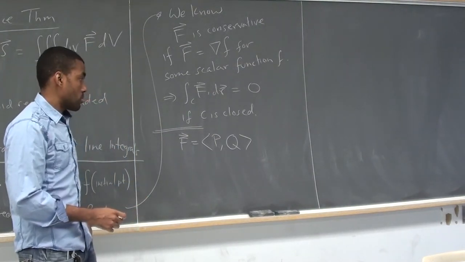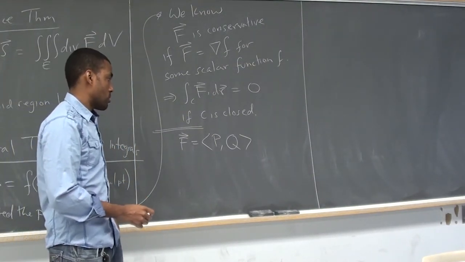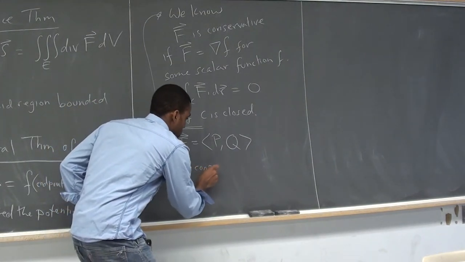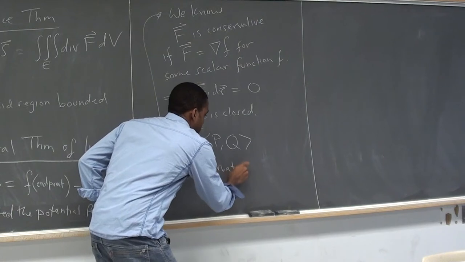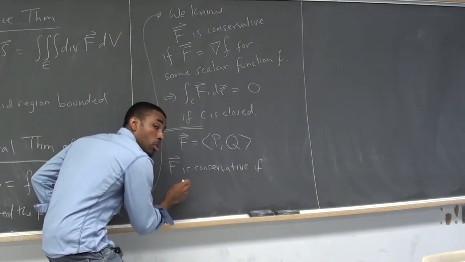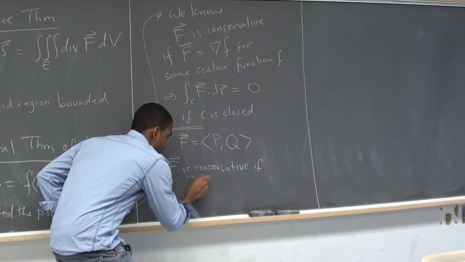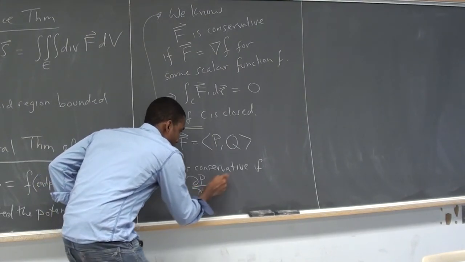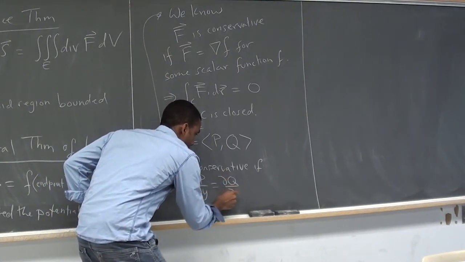Take the partial derivative of P with respect to y. F is conservative if the partial of P with respect to y equals the partial of Q with respect to x.